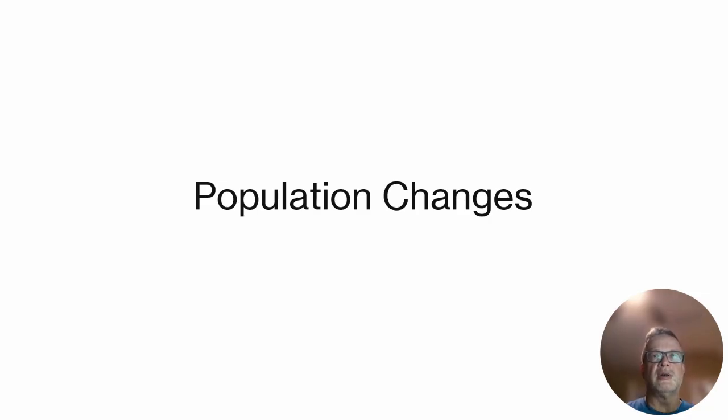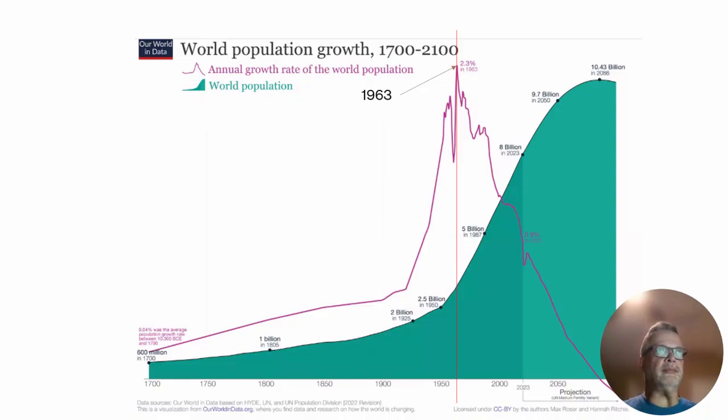So from this perspective, let's take a look at the human population, and we'll see something interesting. We have two curves here: the green one is world population, and the red one is the annual growth rate of the world population.